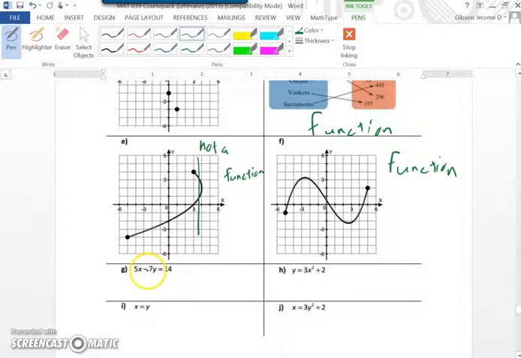Now we come down here to G. When your x and y are both taken to the first power, then automatically you should know that it's a function. Okay, now, if your x is squared, but your y is just to the first power, it's still a function.